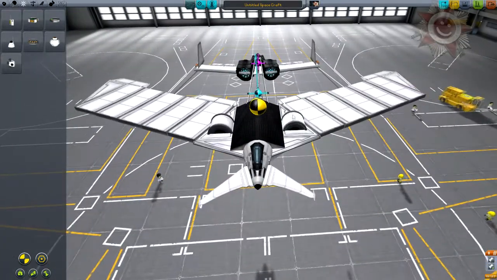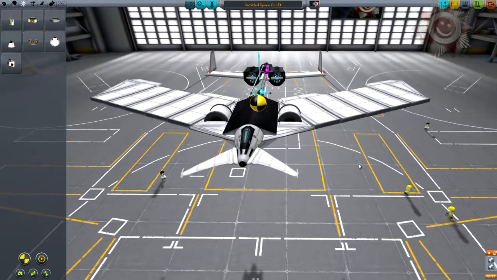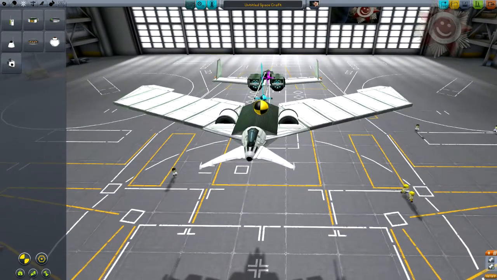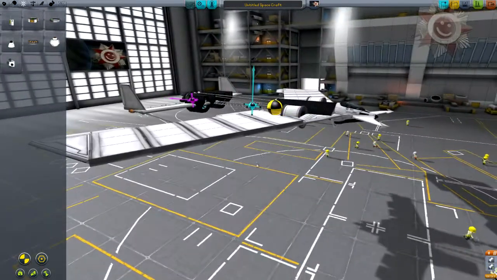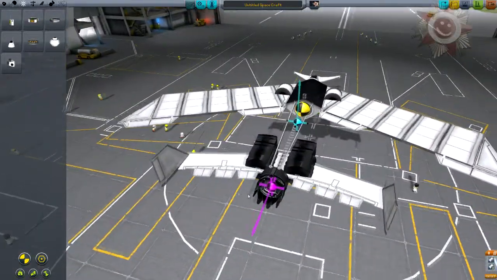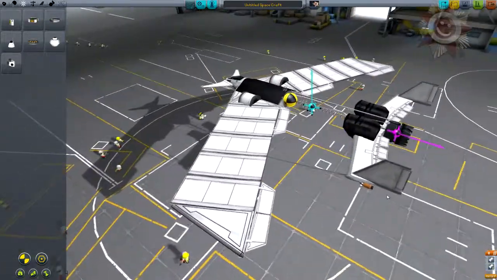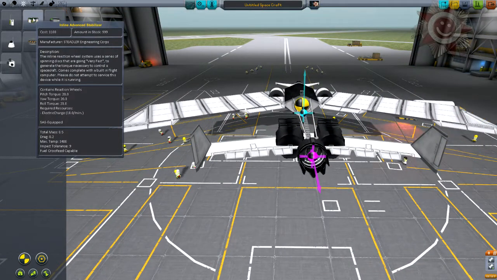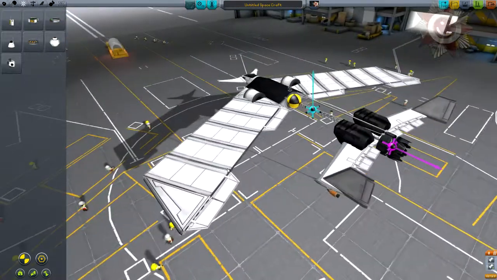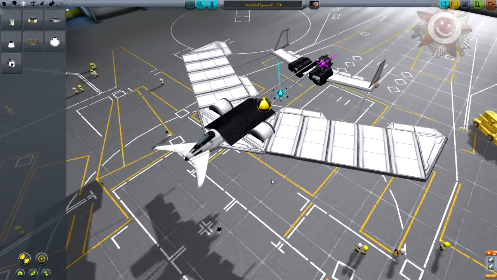When we are out of the atmosphere, these control surfaces don't work anymore, of course, but the torque from the pod is enough to turn the plane. This won't be too heavy, so we don't have any problems with that, and we don't want to add any weight, so these can be left off for now.